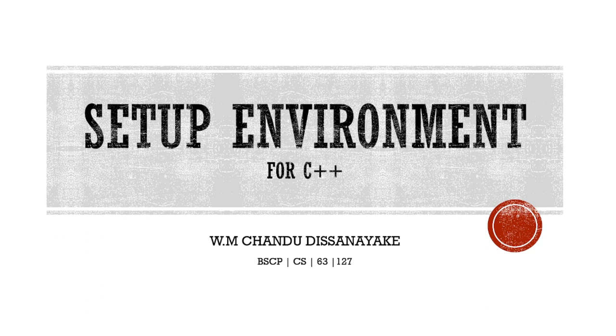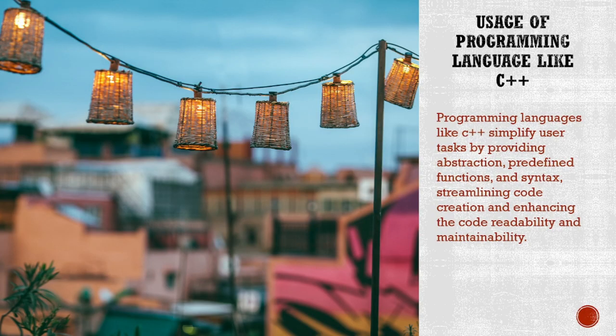Okay, let's go. This is the presentation I created to demonstrate how to set up an environment for C++. You can see this slide shows the usage of programming languages like C++. A programming language converts manual tasks to digital format, then it is easier to use.